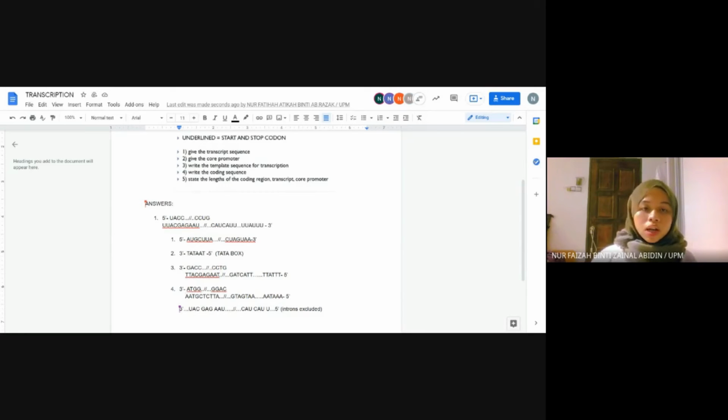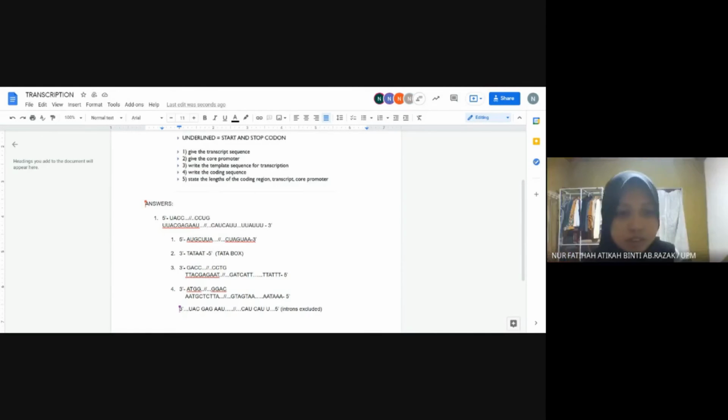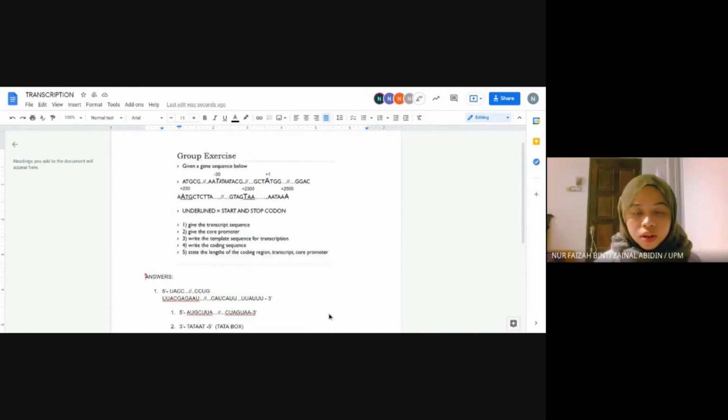We're going to discuss question number 5: state the length of the coding region, transcript, and co-promoter. What do you guys think the length of the coding region is?